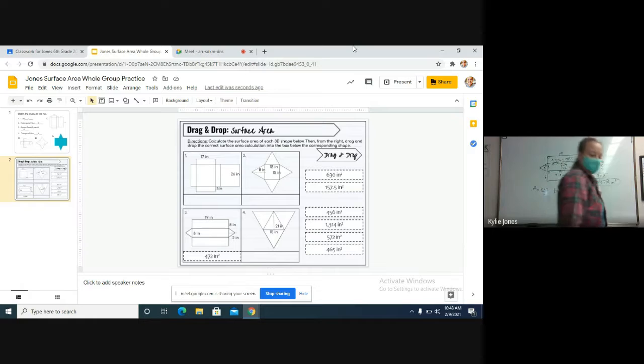Will you help me with the pink one? So, let's start a little bigger. Oh, so that's like two. So we can figure out the dimensions.